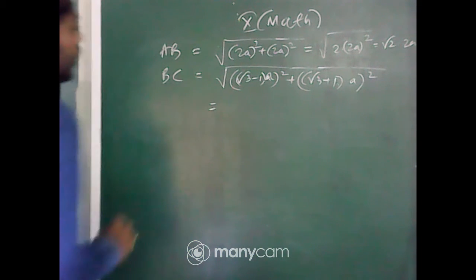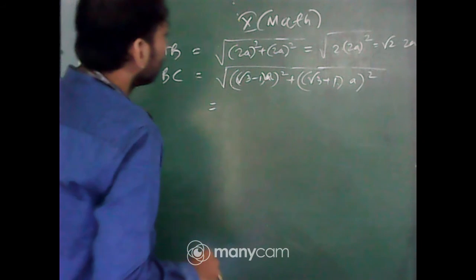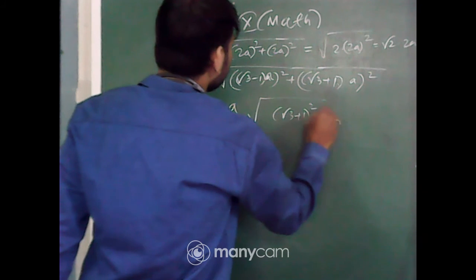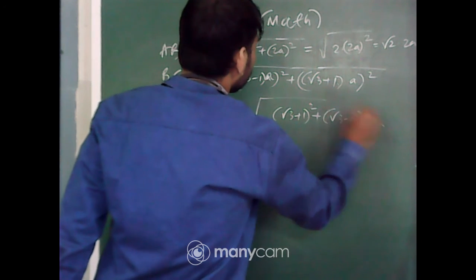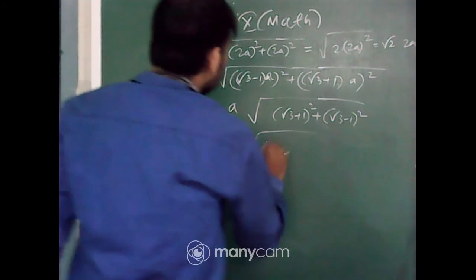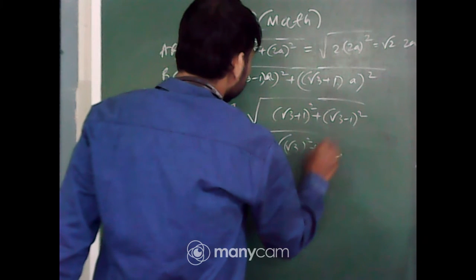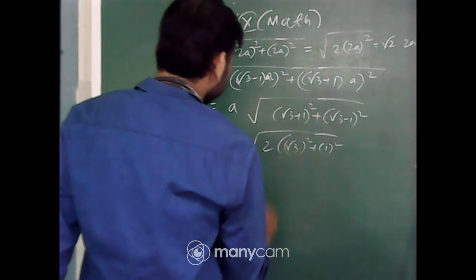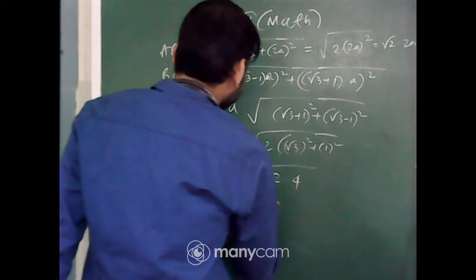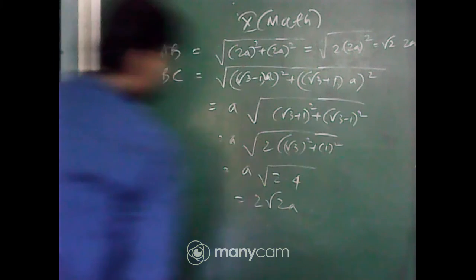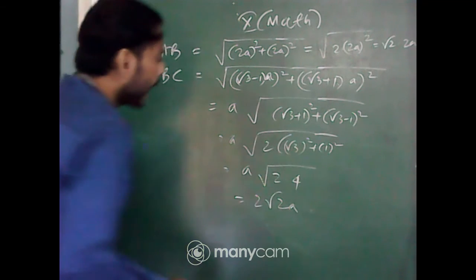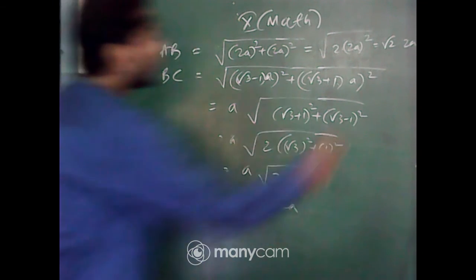The a square will come out from the root sign. It will be a, then root over (root 3 plus 1) whole square plus (root 3 minus 1) whole square. That means root over (a plus b) whole square plus (a minus b) whole square, which is 2(a square plus b square). That means it will be a into root over 2 into 4, which is 2 root 2 a. Whenever the root is removed, 4 gives 2 and 2 becomes root 2. So 2 root 2 a.